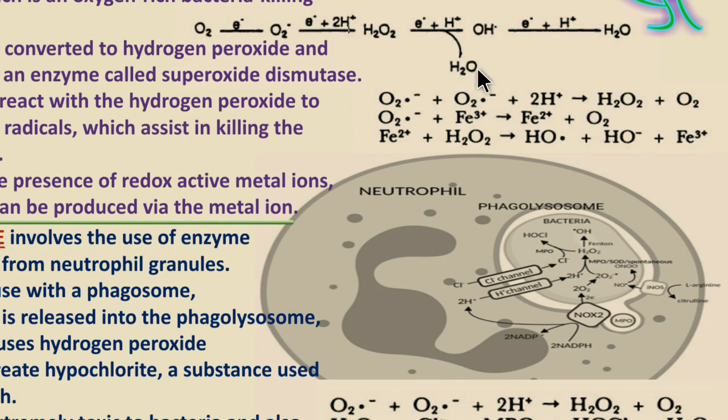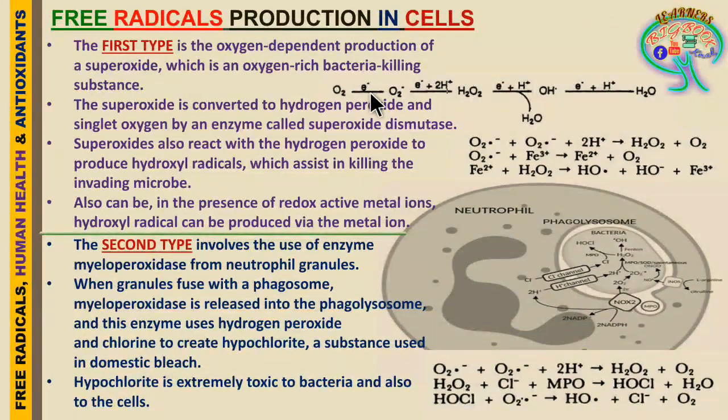So this is how the action of the enzymes, or the presence of the metal ion, metabolically in the internal source, in the first type, that is the oxygen dependent production of superoxide, takes place, and the hydroxyl radical and the singlet oxygen are also formed. So this is regarding the first type.